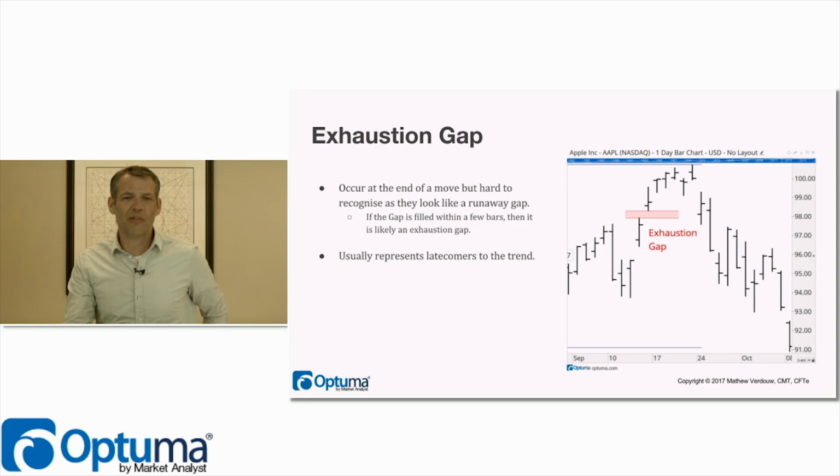The news stories have gone out about how great Apple is, and everyone's jumping on board. But this is that period of distribution from a Dow perspective where we're expecting the smart money to be distributing out their shareholdings to the latecomers.